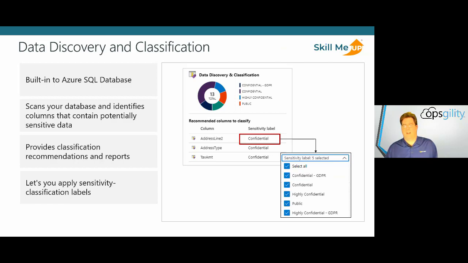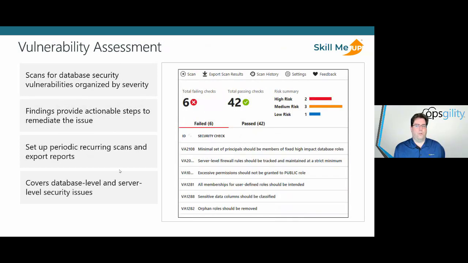But data discovery and classification is built into SQL database, and it can scan your environment and look for certain things that fall into GDPR, or finding credit card numbers, social security numbers, and things of that nature. You can review that information and then discover and classify that information automatically, as well as, again, vulnerability assessments.